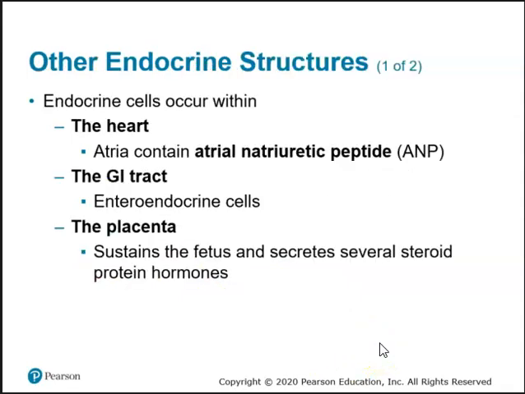Other endocrine structures that we need to consider: we do have endocrine cells that occur in other places, not glands in particular, but other structures within the body. So for example, the heart, within the heart we have the atria, which are chambers that contain the hormone atrial natriuretic peptide. Within the GI tract, we have our enteroendocrine cells and the placenta. The placenta will sustain the fetus and secrete several steroid protein hormones.